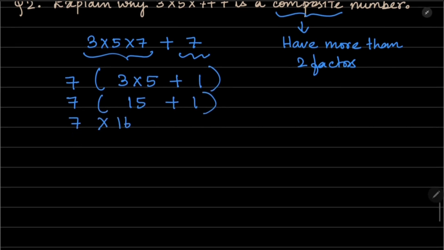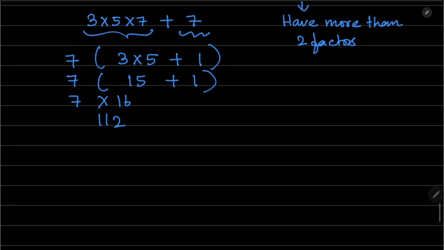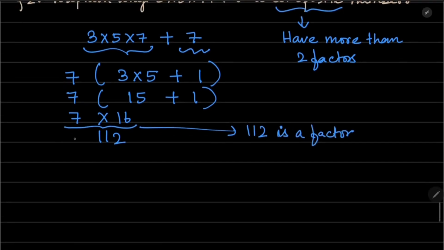What is 7 multiplied by 16? 7 6s are 42, 2, 4, 1, 1, 2. So this is a product, right? As you can see, the product, 112, is a factor of the given expression.